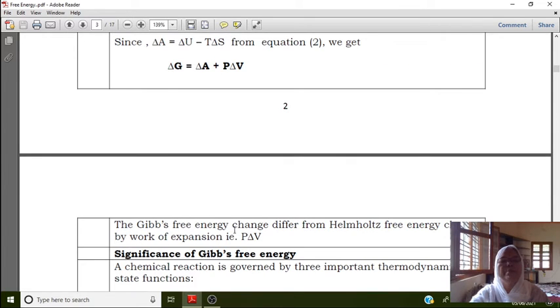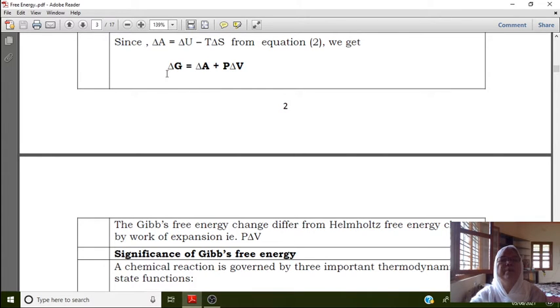That is, the Gibbs free energy change differs from the Helmholtz free energy change by the work of expansion, that is P delta V. That means this Gibbs free energy excludes the work of expansion, that is mechanical work. So this Gibbs free energy is more significant than Helmholtz free energy.